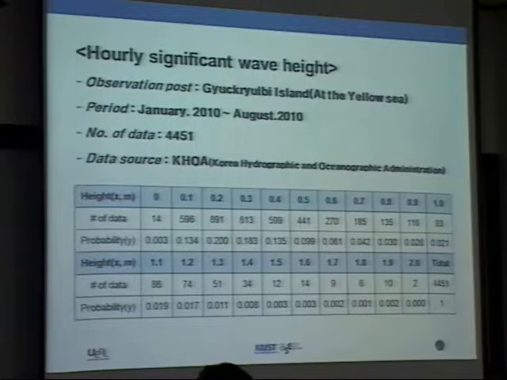As we know, the height of ocean waves always changes, but there are some regular frequencies, and researchers surveying this data checked it every hour and got this data set.